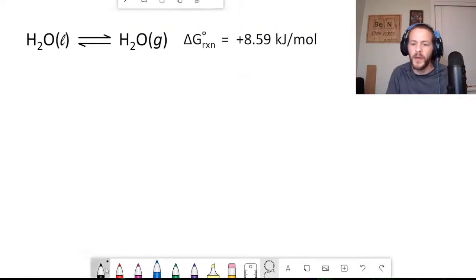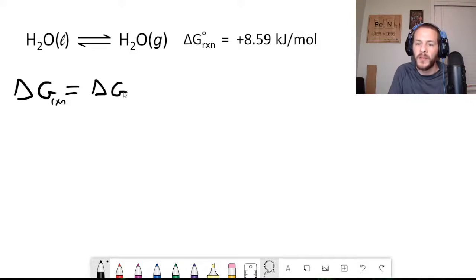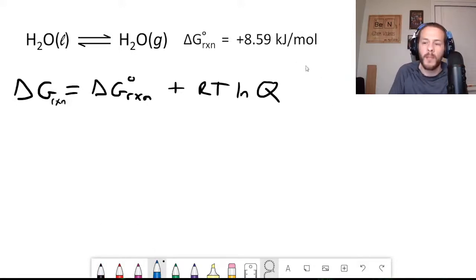So again, the formula, right, is delta G of the reaction is equal to the standard delta G of the reaction plus RT, natural logarithm of Q, the reaction quotient, right? Now let's assume for the moment that we are operating under standard conditions, right?